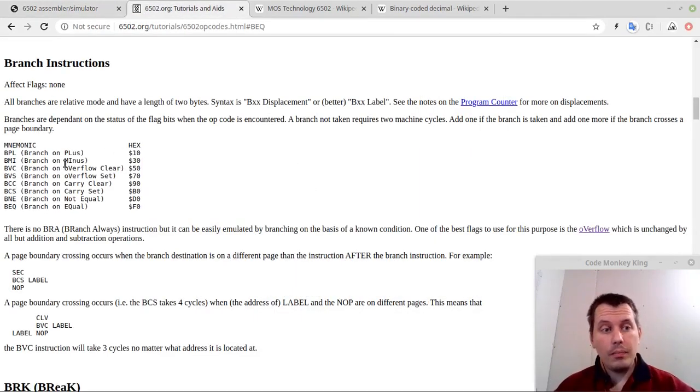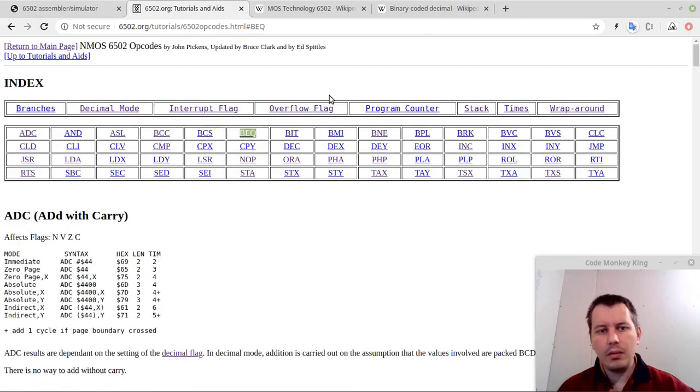Okay, so branching relies on processor flags. Before actually using branching, we need to figure out what commands in particular affect the flags and which flags in particular, and that's the compare command.